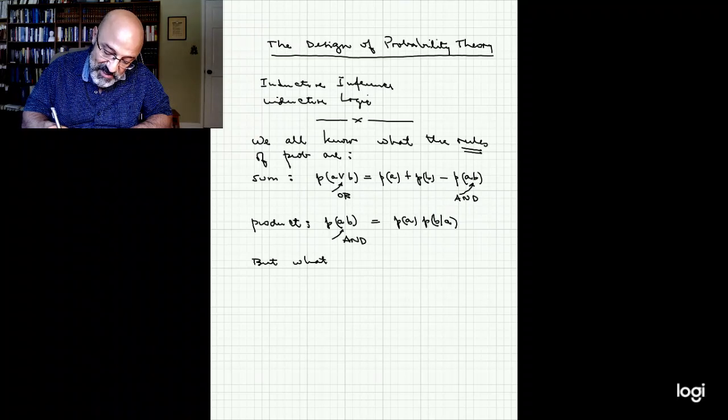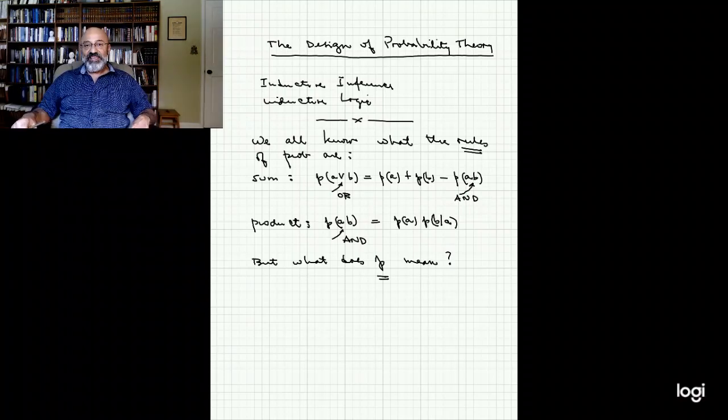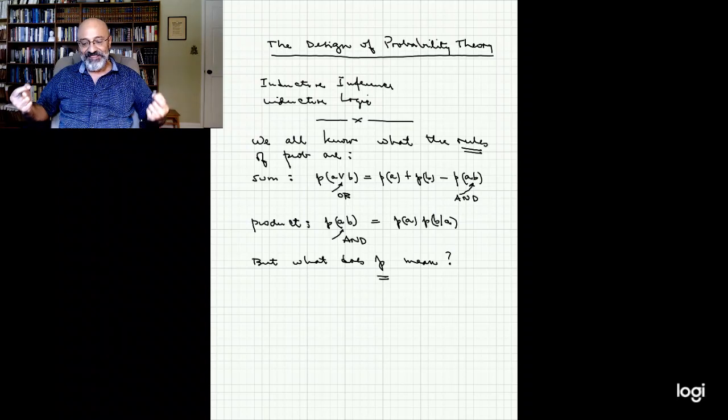What does P mean? What is a probability? That's the main issue here.